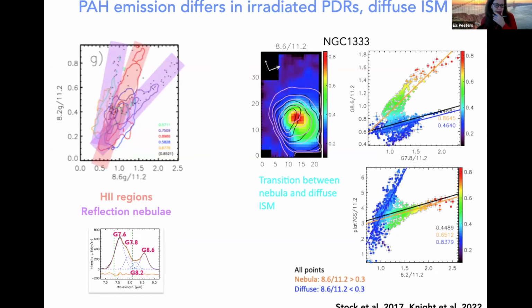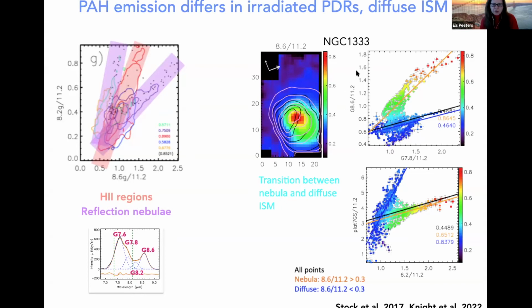That's something that came up thanks to Spitzer, as far as I'm aware. These are well-known correlations that we've used extensively to learn something about these properties, and they actually depend on the environment that you're looking at.